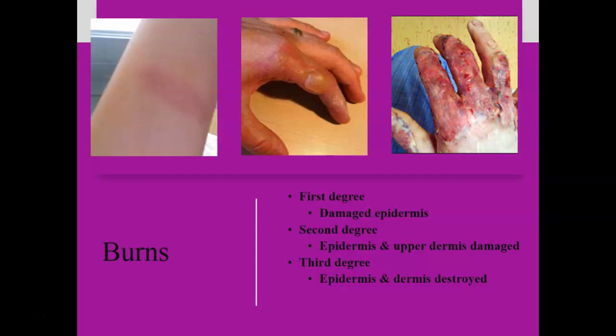Now remember, you've got that layer of epidermis that is connected to the underlying connective tissues in the dermis. So when you have a second degree burn, you have damaged the upper part of that dermis in addition to the epidermis, and it can cause some separation of the tissue as the inflammatory response results to try to fix the damaged tissue.